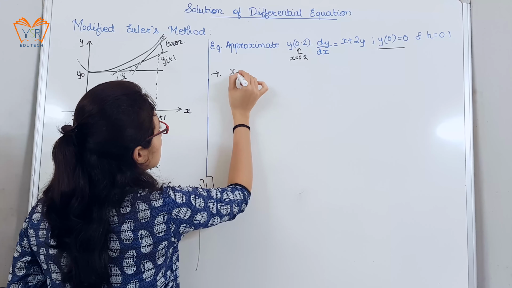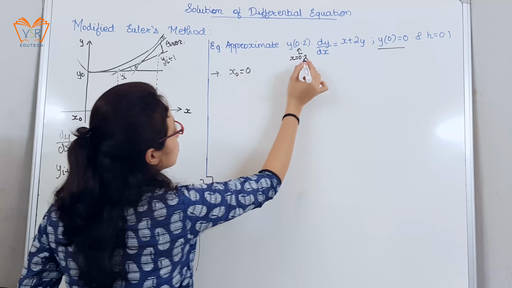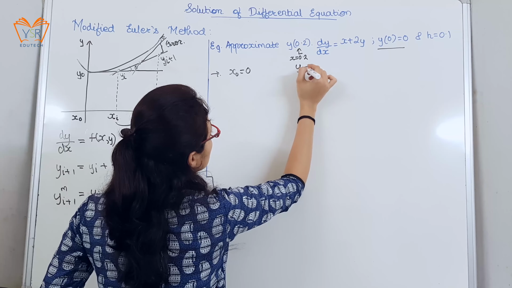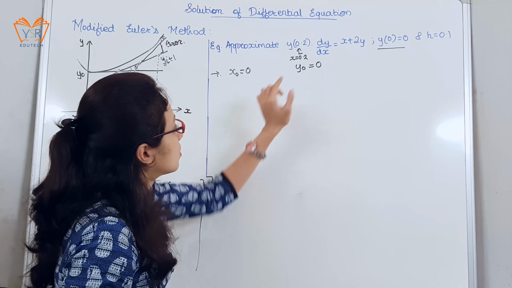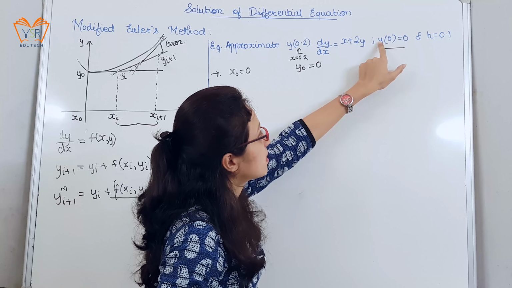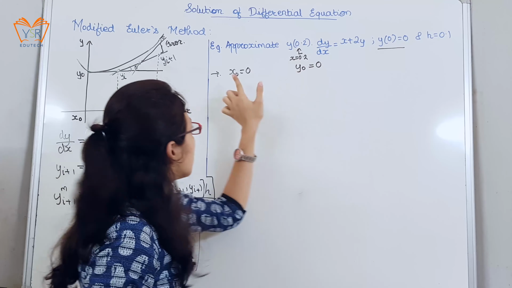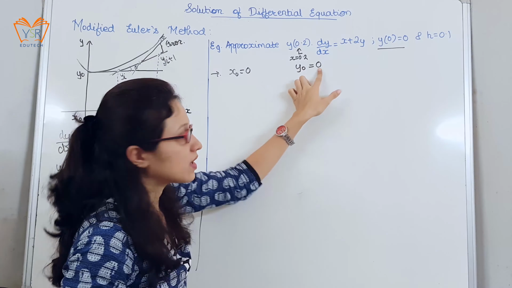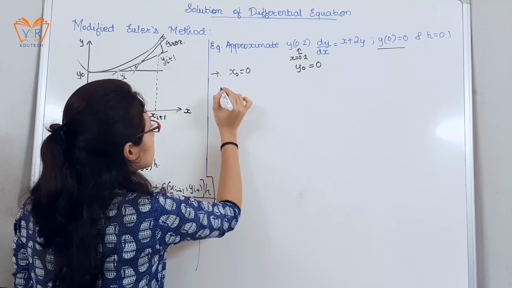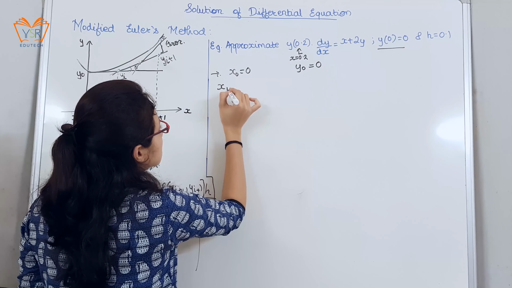Now we know x naught is equal to 0 and y naught is equal to 0. The initial condition y of 0 equal to 0 means that at x equal to 0, the value of y is 0.